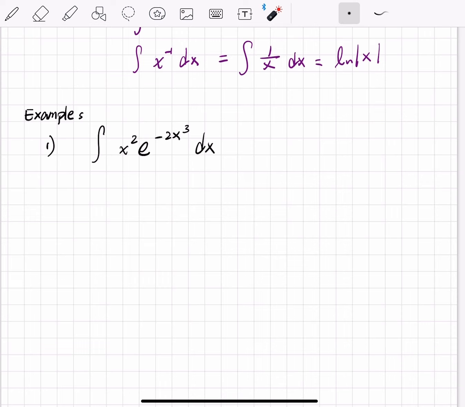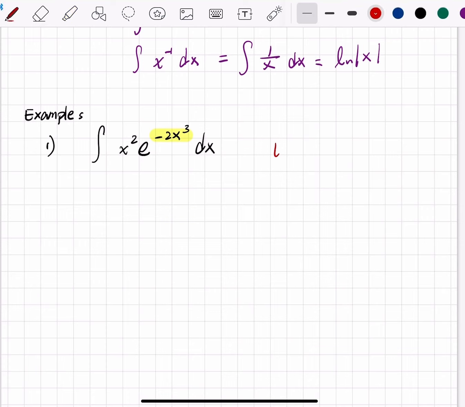The first one, we want to integrate x squared e to the negative 2x cubed dx. This is a nice way of combining section 1.5 and section 1.6. We have the function e to the negative 2x to the cube power, which is a composition of an inner and outer function, where the inner is the power negative 2x cubed and the outer is e to a certain power.